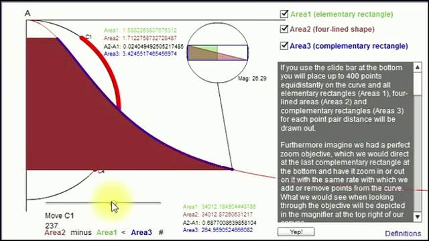But what remains is the principle, the relationship between the areas involved, namely the elementary rectangle, the quadrilinear shape, and the complementary rectangle. So the relationship stays intact, that the difference between the red and the green area is always going to be smaller than the area of the complementary rectangle.